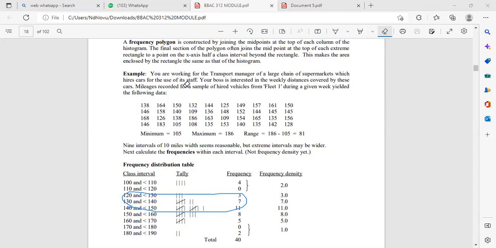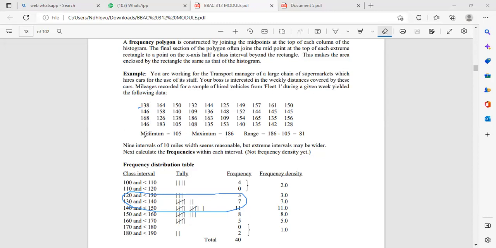So we should have the minimum value, the maximum value, and we can go for the range, depending on what we have for this data set.